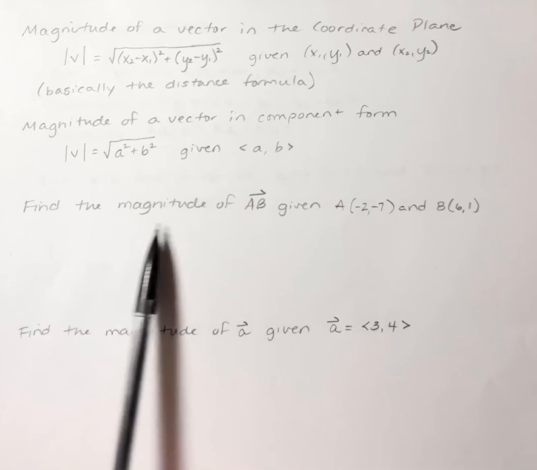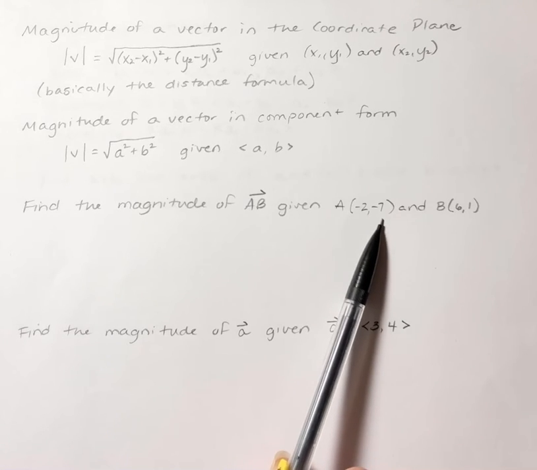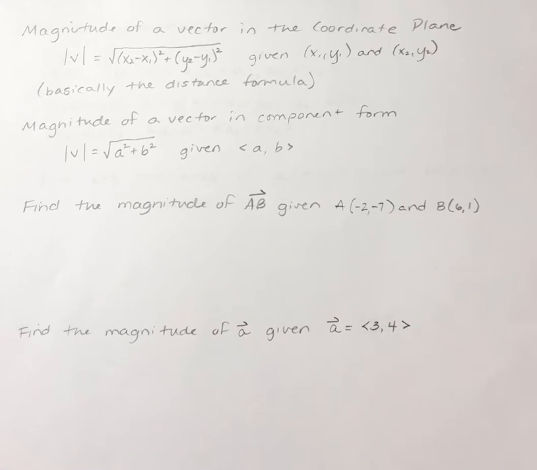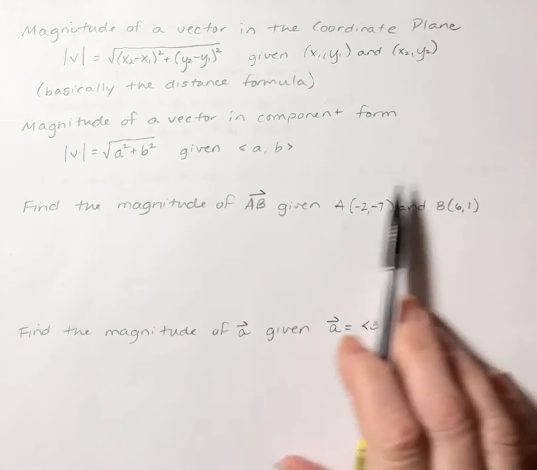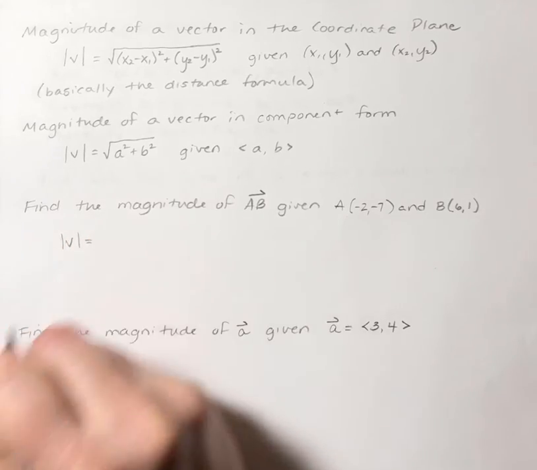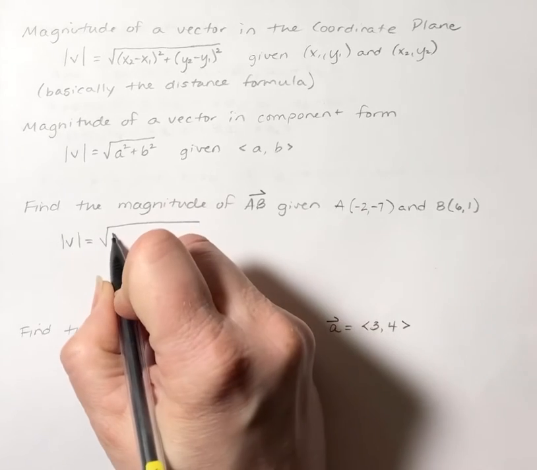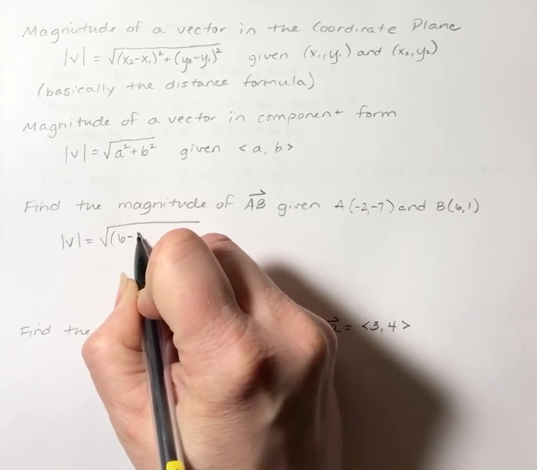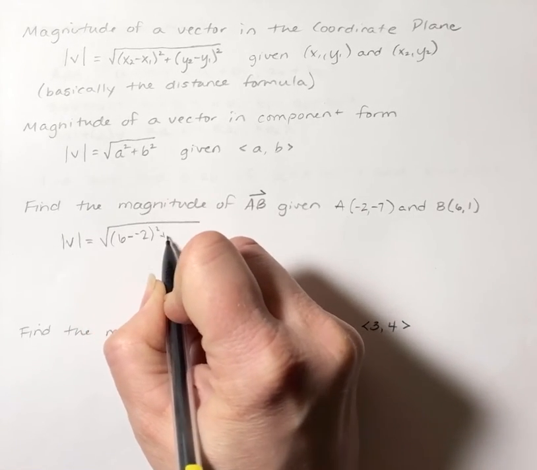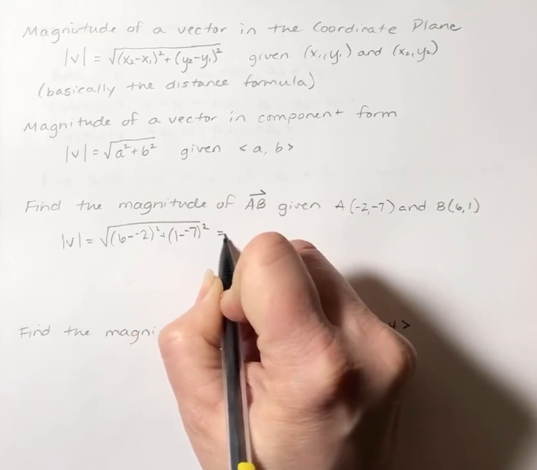So find the magnitude of vector AB given the initial point of -2, -7, and the terminal point of 6, 1. So I'm going to go through and do the distance formula. So the magnitude of the vector is going to be the square root of 6 minus a -2 squared plus 1 minus a -7 squared.